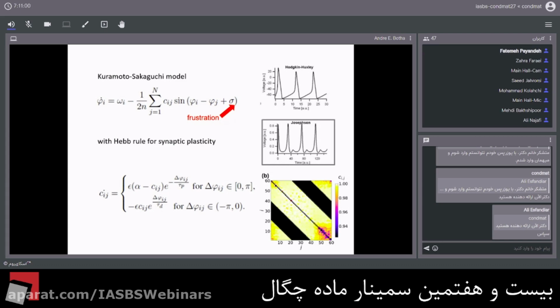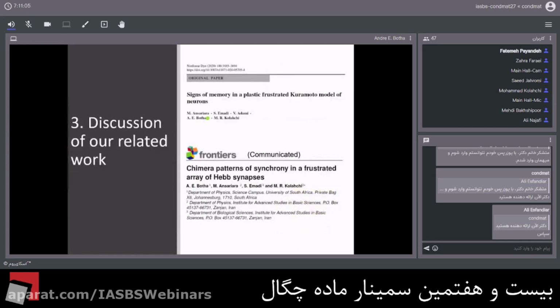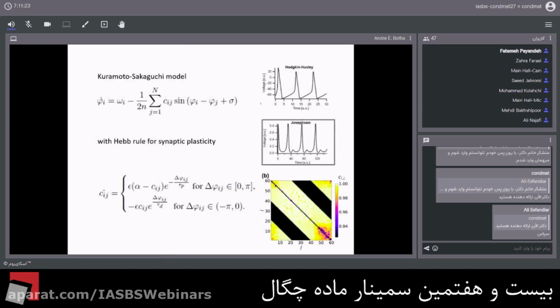And more recently, in the paper that we just communicated in Frontiers, we investigated how the addition of frustration in the system can make possible these chimera patterns, where one group of neurons are synchronized, but another group are desynchronized.